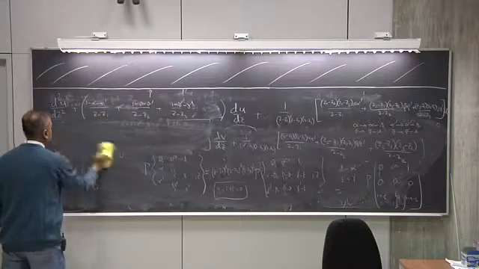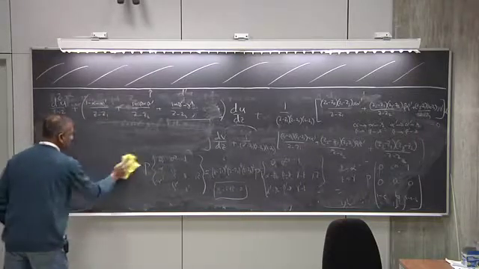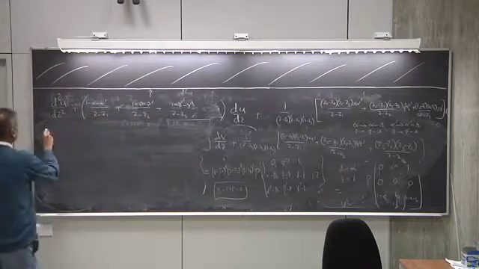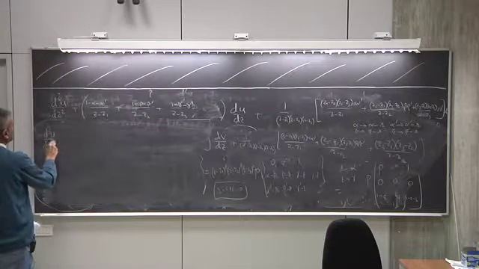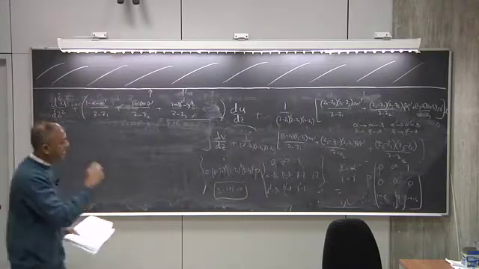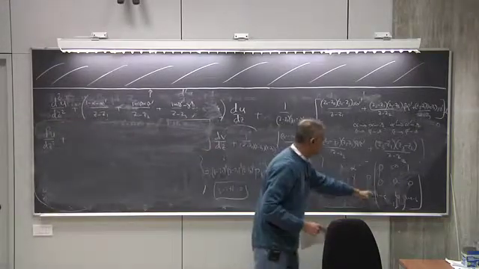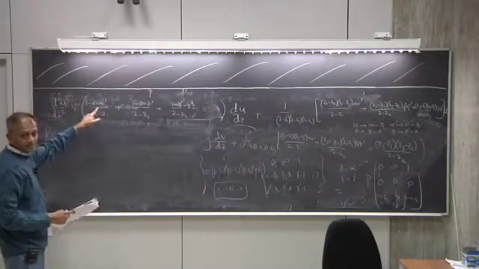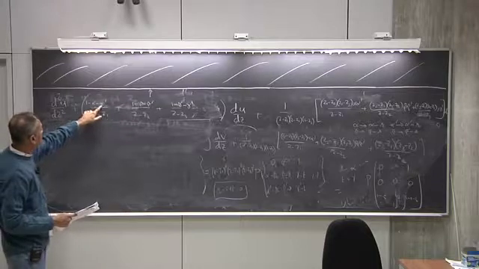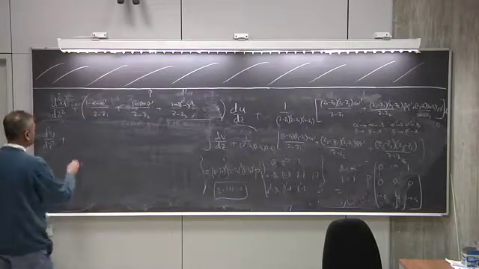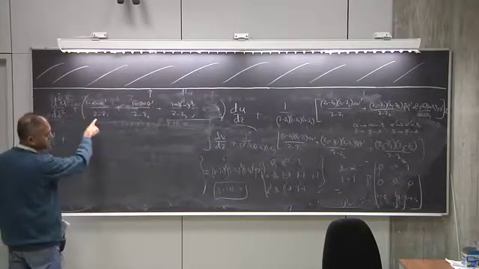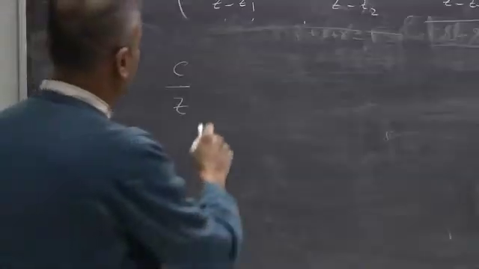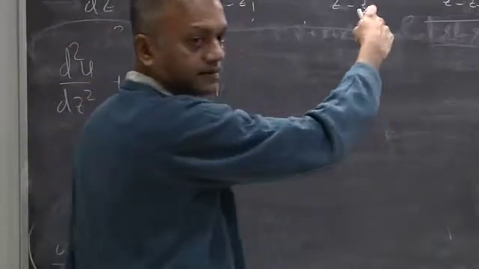Okay. So let's write down for this choice. So we have d2u over dz2 plus, now you see alpha is 0, alpha prime is 1 minus c. So if you plug that in here, this becomes c, right? Alpha is 0 and alpha prime is 1 minus c. So this becomes c, c divided by z minus z1. z1 is 0, so it's simply z. z2 is infinity, so I can forget that.